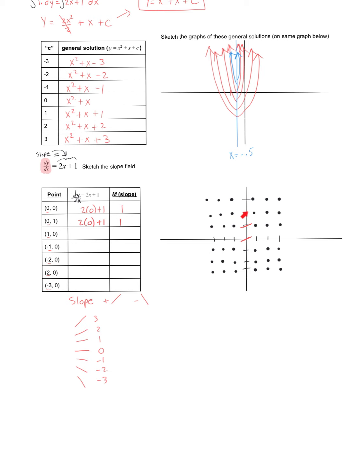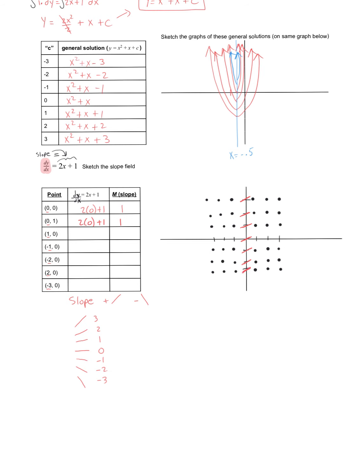If I plug in the point 0, 2, I'm going to get a slope of 1. And if I plug in the point 0, 3, every time the x value is 0 all along this line, those slopes are all going to be 1. So that's something that helps us when we make a slope field: we look for patterns so that we can make our work easier, work smarter, not harder.